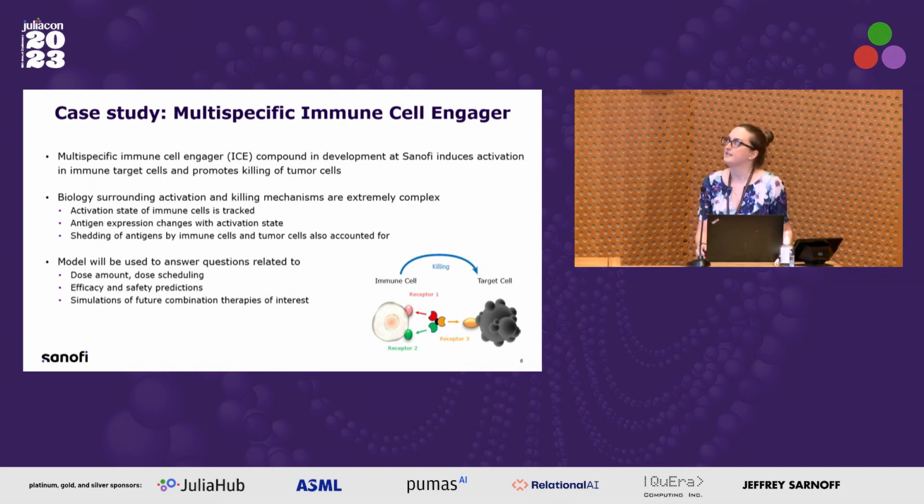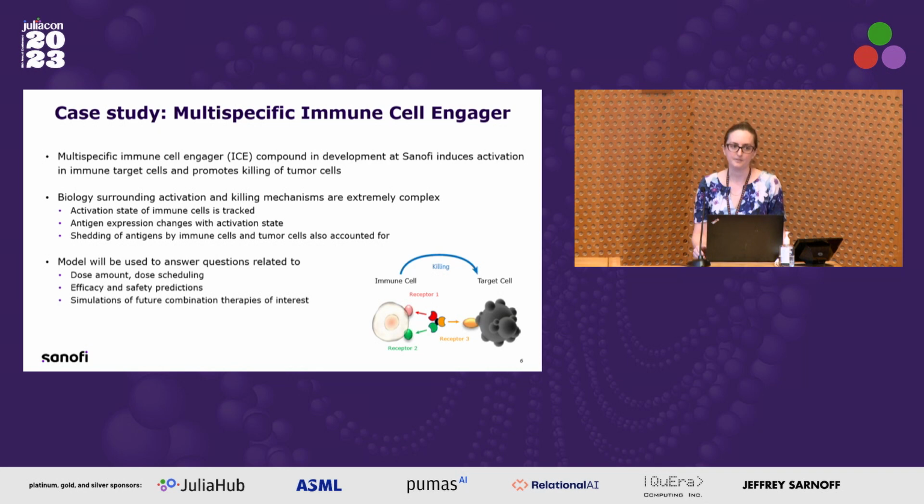So that brings us to the case study. I'm going to talk today about an in vitro QSP model that we've made based on a multi-specific immune cell engager molecule that's in development at Sanofi. This molecule brings together immune cells and target cells and makes a physical synapse, a connection between the two. This helps increase cell killing.